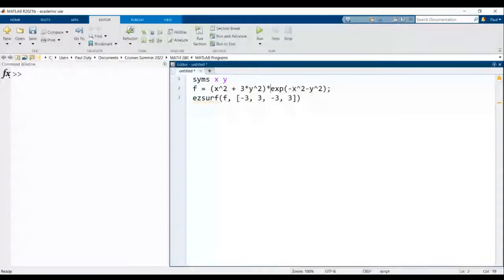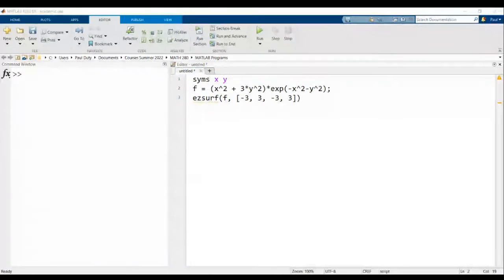Now I got to find where the doggone MATLAB is. Hold on, where is it? Just give me a moment. Oh, it's down here at the bottom. Here it is.